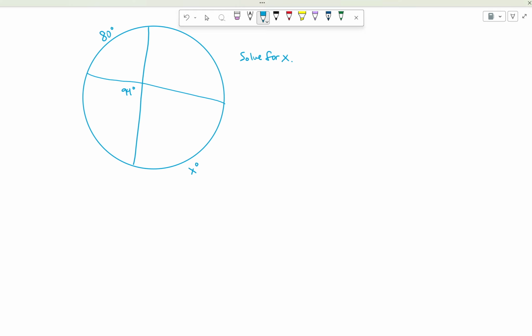In order to do that, well, what do I need? I need to know what this is. So I'm going to call this angle y right here. And that y is going to be a linear pair with 94, so it has to be equal to 86. Some of you are going to come to class and ask me about that, but I just pointed out it's a linear pair.